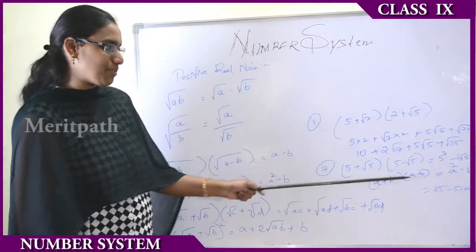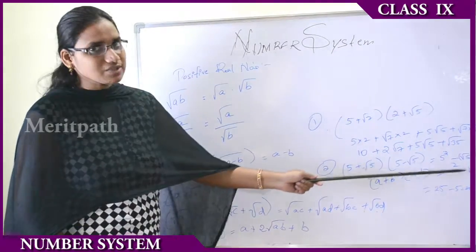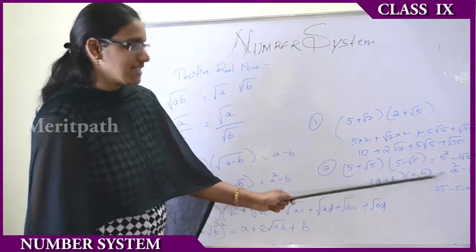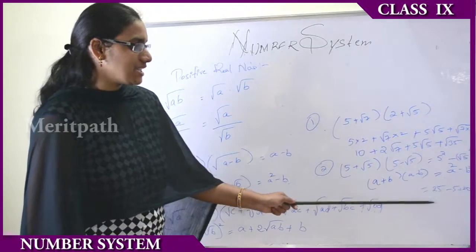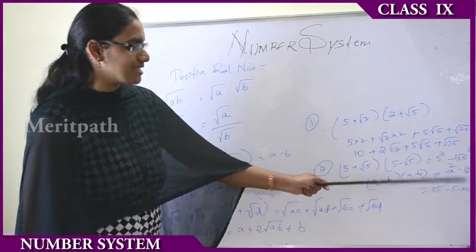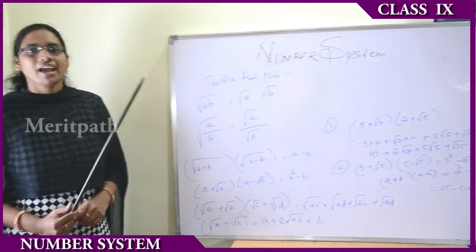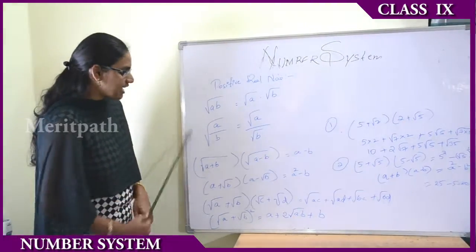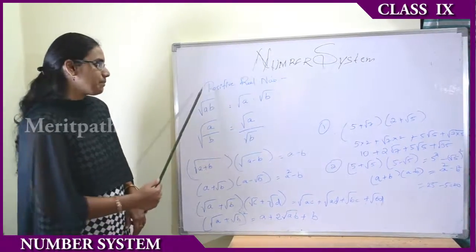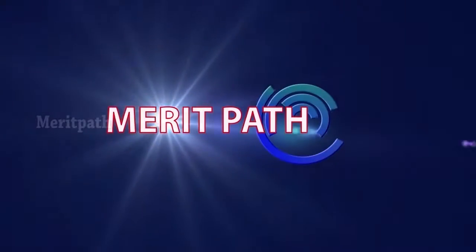That is similar to (A plus B)(A minus B) equals A square minus B square. That is 25 minus 5 equals 20. Thus, we will see each and every example for each and every operation for positive real numbers.